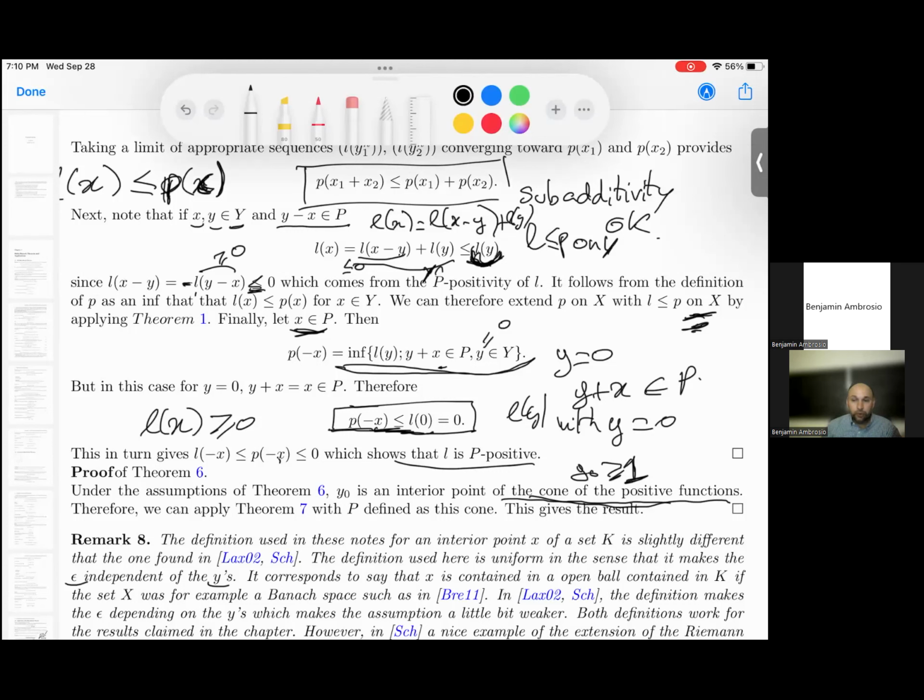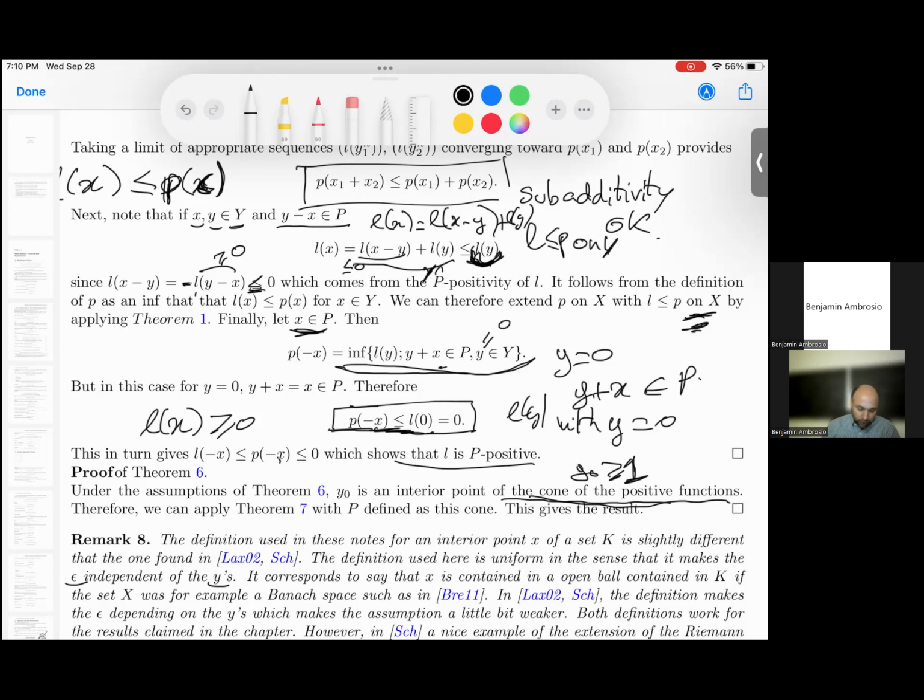We could choose a weaker assumption for an interior point, and make the epsilon depend on y. Up to now, all the things we did in the chapter work with either definition.